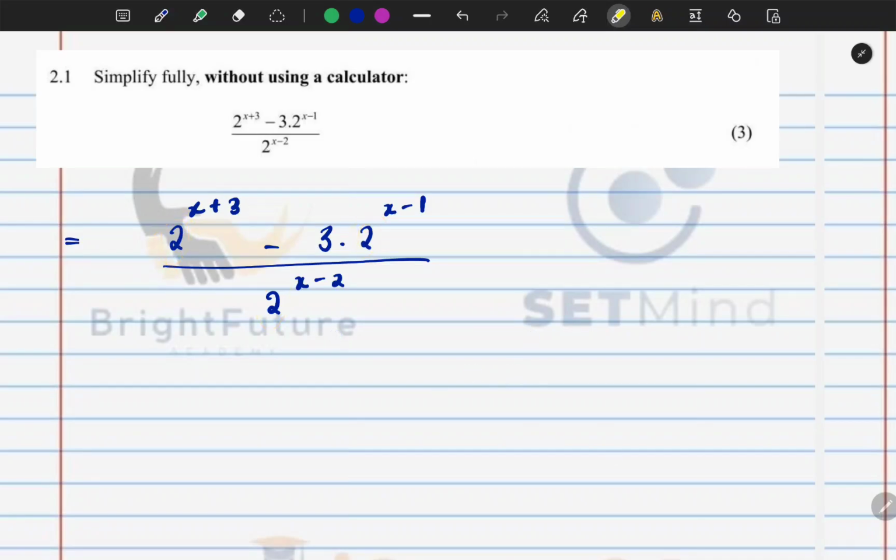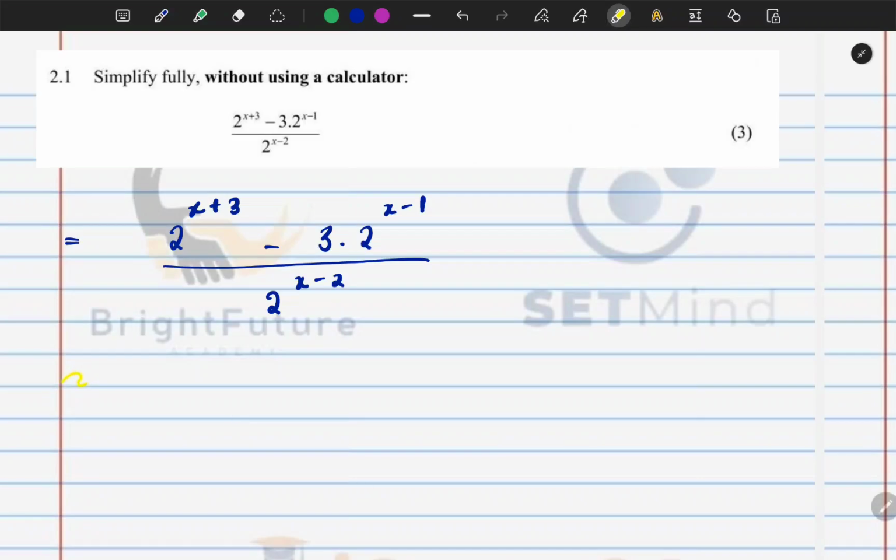So what I'm going to try and do here is break down each exponent and see if I can find a common factor. Then the common factors will cancel each other, and I'll be left with numbers.